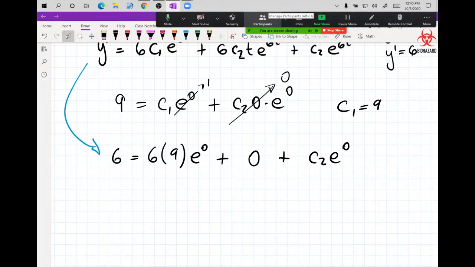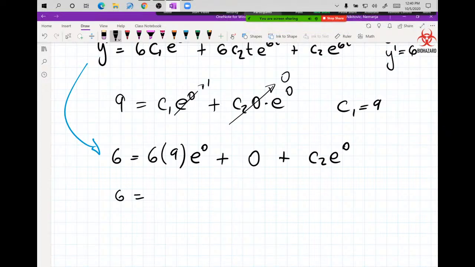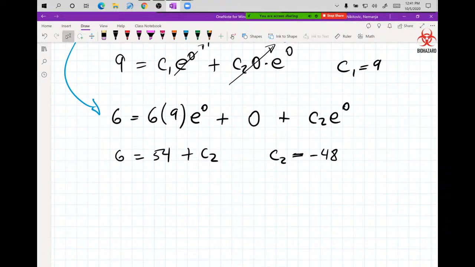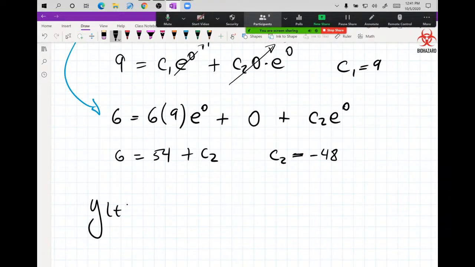So this is going to be 6 equals 54 plus c2. c2 is negative 48. So now our solution, y of t, is 9e to the 6t minus 48t e to the 6t.